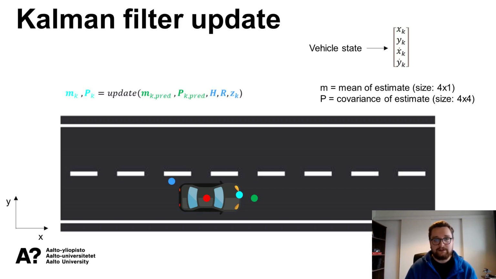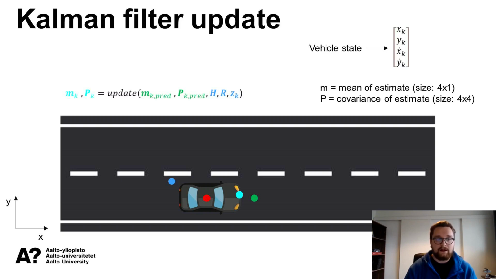In addition to this, we are also putting in our measurement matrix H, this measurement noise covariance R, and this measurement Z, what we got from the GPS at time step k.